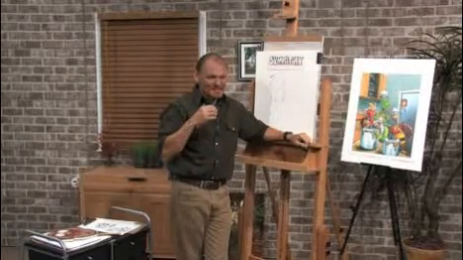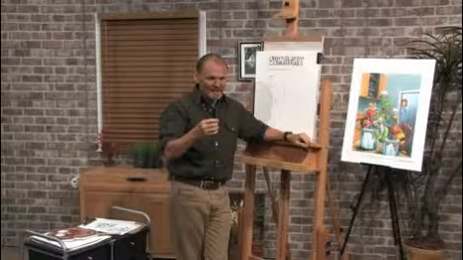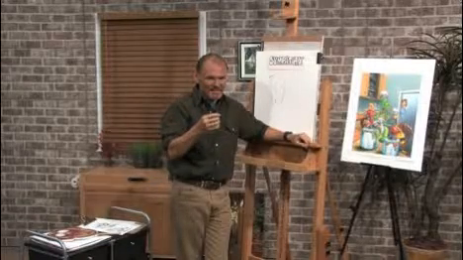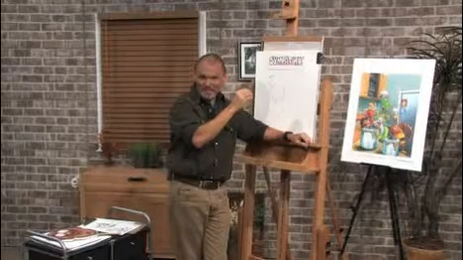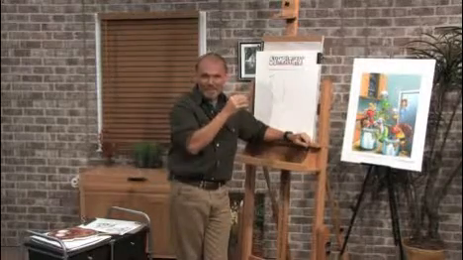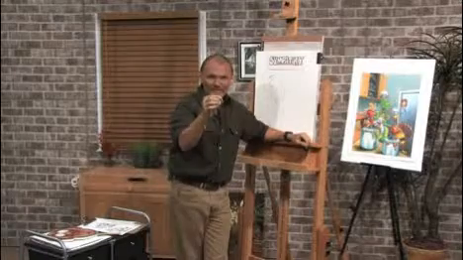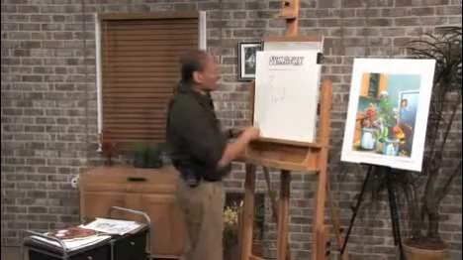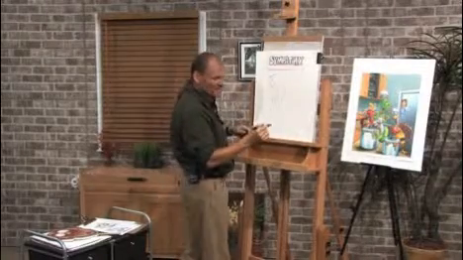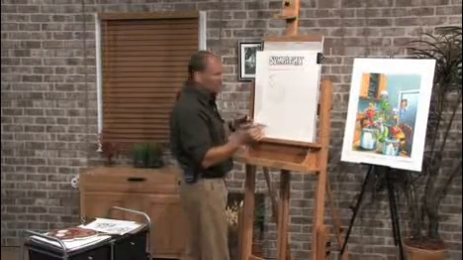Because when I sympathize with the emotion of the character that I'm drawing, are you with me? When I feel the same emotion, then it influences the way my hand moves. Got it? So if I'm drawing, let me go back to my marker just for a second. And let's say I'm drawing a worried person.